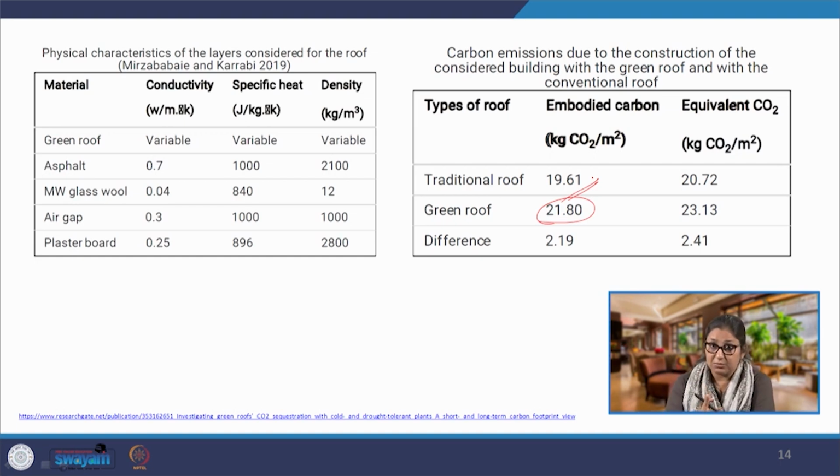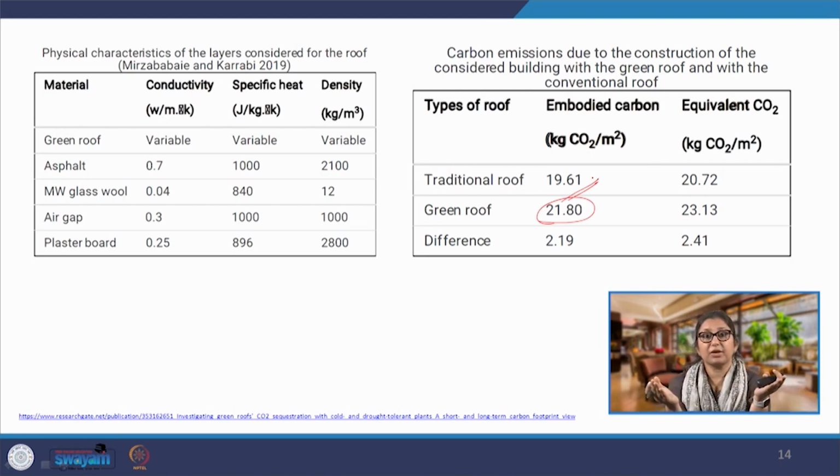Now, this is emissions. If we look at the operational benefits, the savings in operational energy over the years, of course, there we have to make a choice. We have to not just look at the initial emissions and the cost associated with it, we have to look at the cost benefit analysis. So, what after 5 years if I have a green roof versus a bare roof with probably a clay tile on top of it for waterproofing?